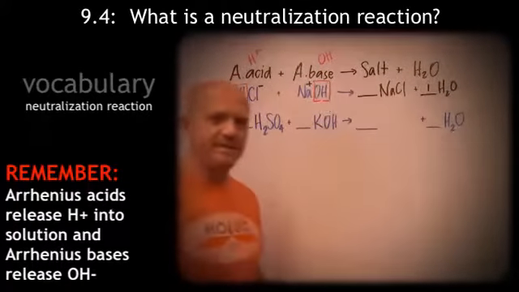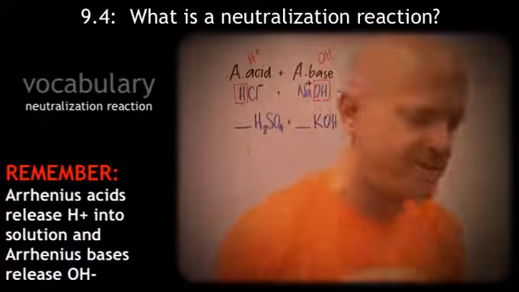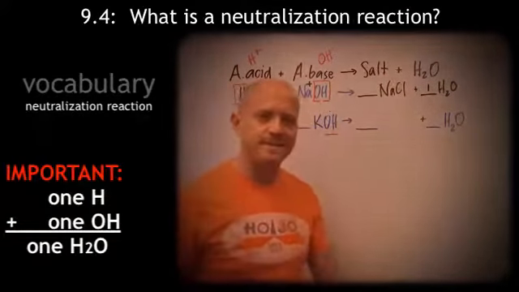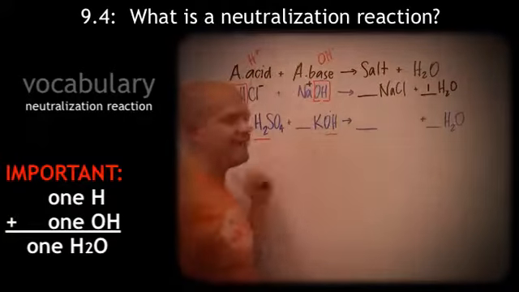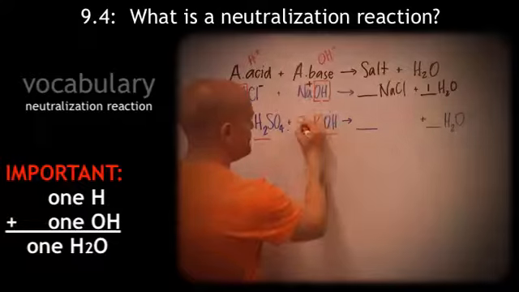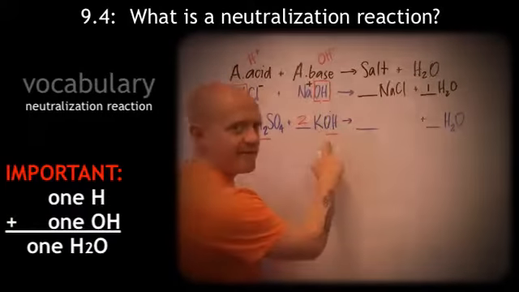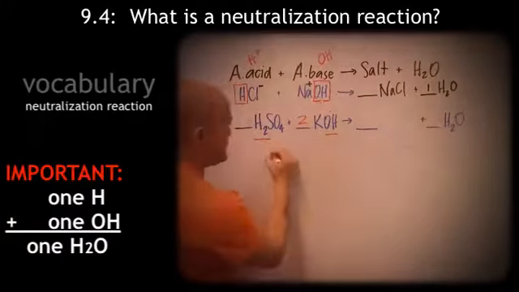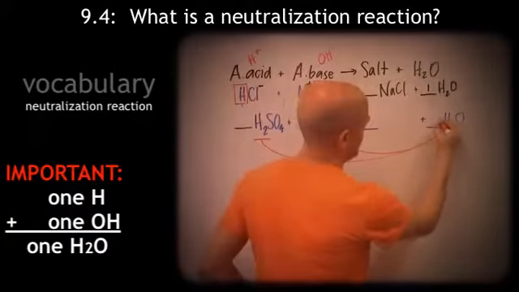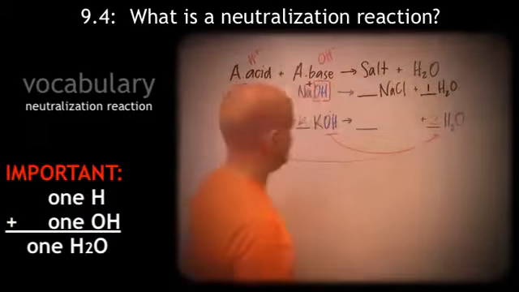Now, first things first, let's look for our H's and our OH's. Here I have 2 H's, here I have 1 OH. I got a problem. I need to have the H's and the OH's equal. So I need 2 OH's. And 2 H's and 2 OH's are going to give us 2 waters.